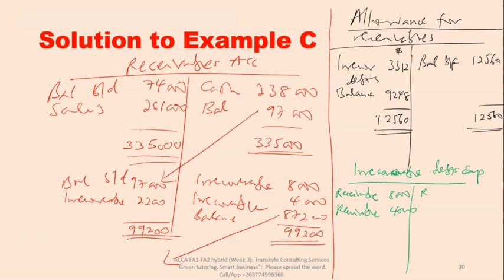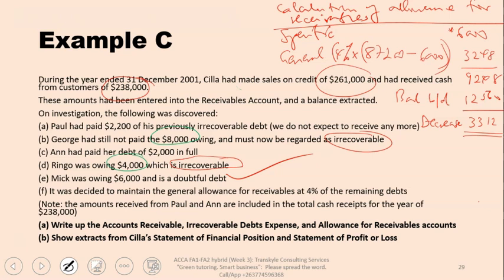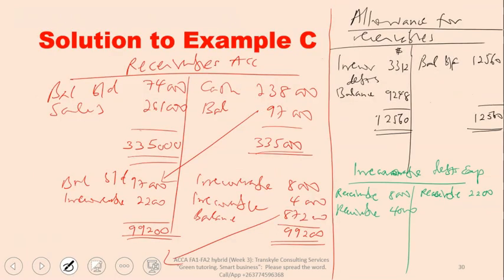He's on the credit. This guy is reducing this expense, the 2,200. Remember the guy who once was considered irrecoverable, the poor guy. Paul was once some time ago considered irrecoverable, but out of the blue he came and paid his dues, so that was a bonus.